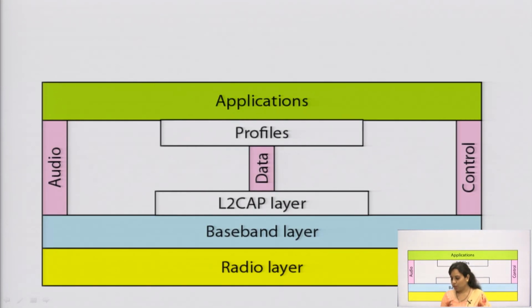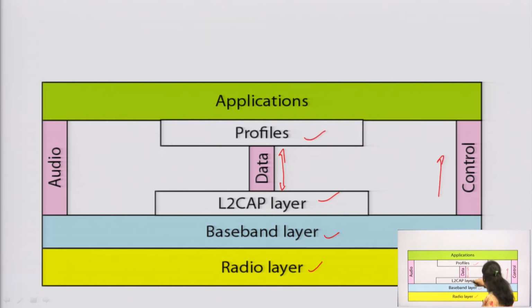This is the explanation of Bluetooth, how it will work at different layers. So, this is the radio layer, the radio frequency range layer, this is the baseband layer, this is the L2CAP layer, this is the data layer, which is used to transmit the data. Then profiles, different profiles are available at this point.